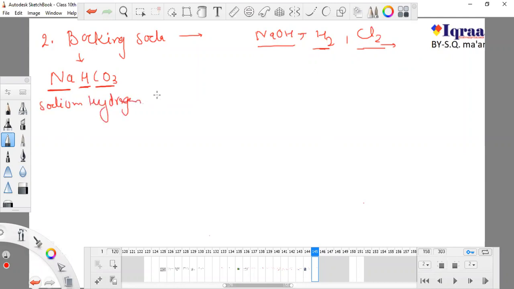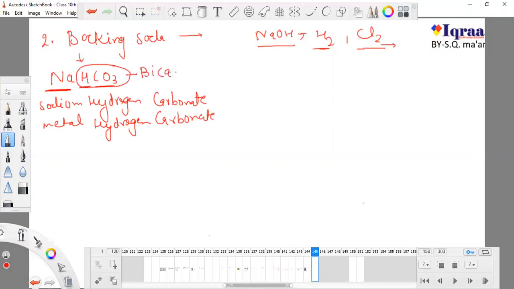It is also known as metal hydrogen carbonate. And if I use only these two words, they are also known as bicarbonate. So I can write sodium bicarbonate, and I can also write metal bicarbonate. So it has four names.